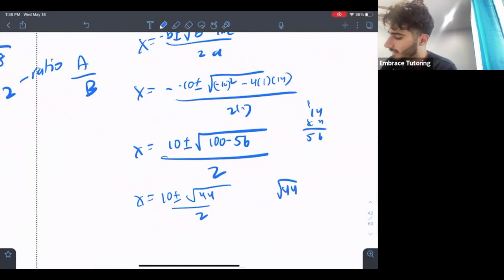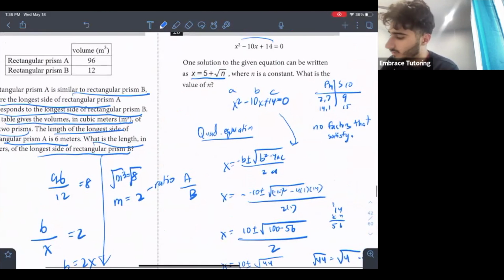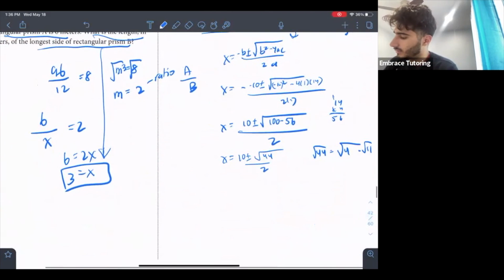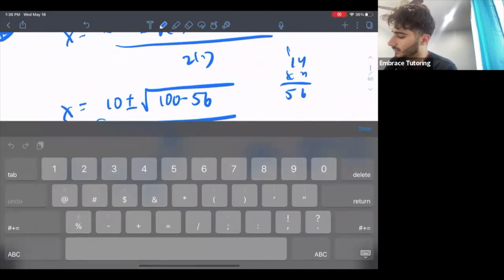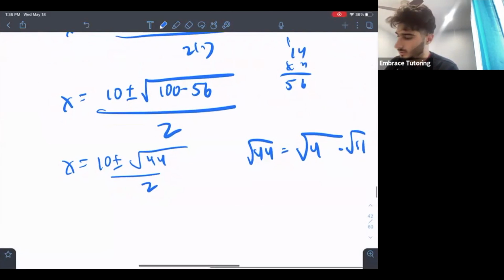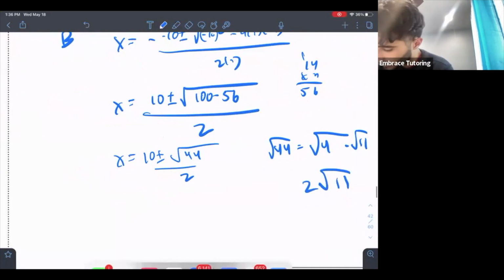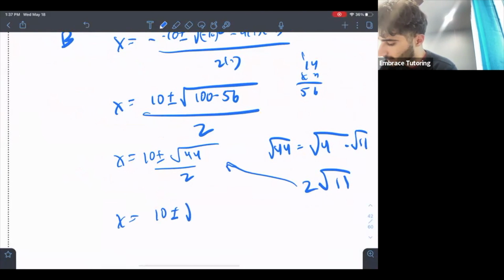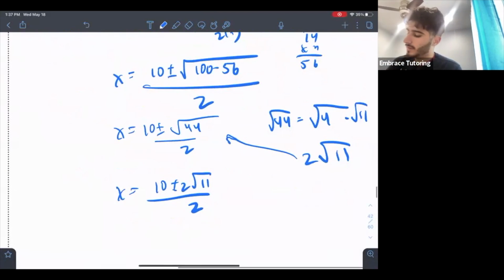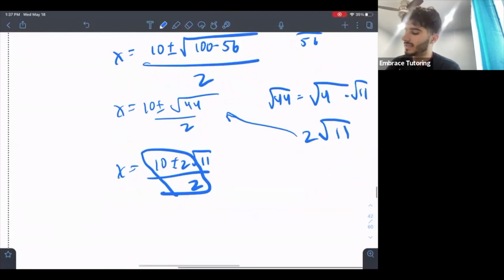You can simplify the radical as radical 4 times radical 11, and that's how you get 2 radical 11. So you can have x is equal to 10 plus or minus 2 radical 11 over 2, and then you could simplify this part right here.